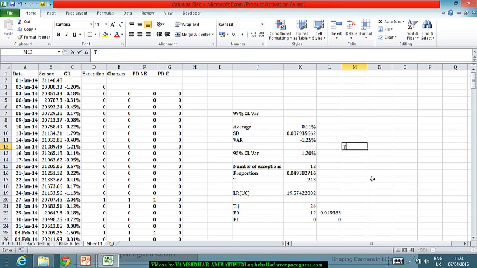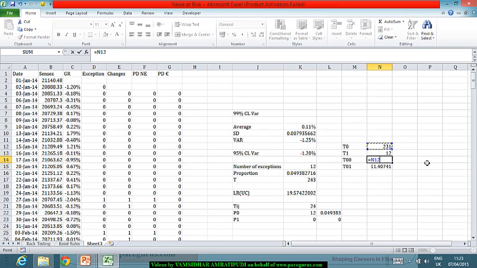So what can I take? I'll look at T0, which is 243 minus 12. Then T1 is the number of exceptions, which is 12. Then for T01, the number of transitions, it is T0 times P0, so around 11.4.